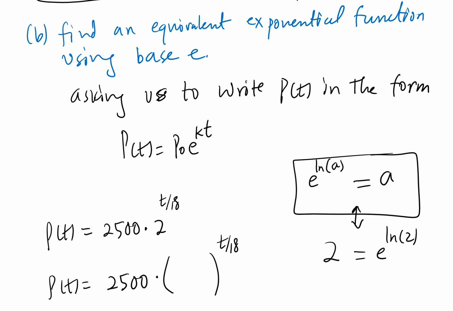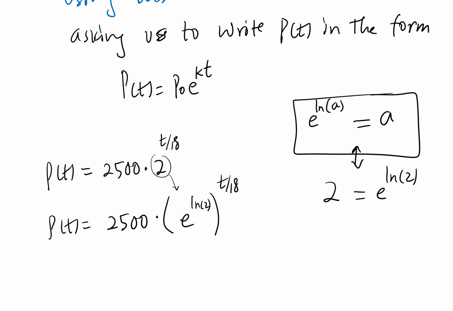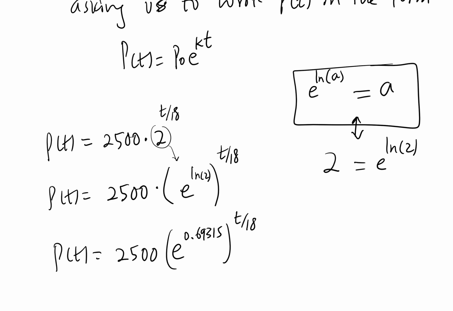So instead of this 2, I'm going to replace it with e to the natural log of 2. And then we put the natural log of 2 in the calculator. That gives me e to the 0.69315 all raised to t over 18.